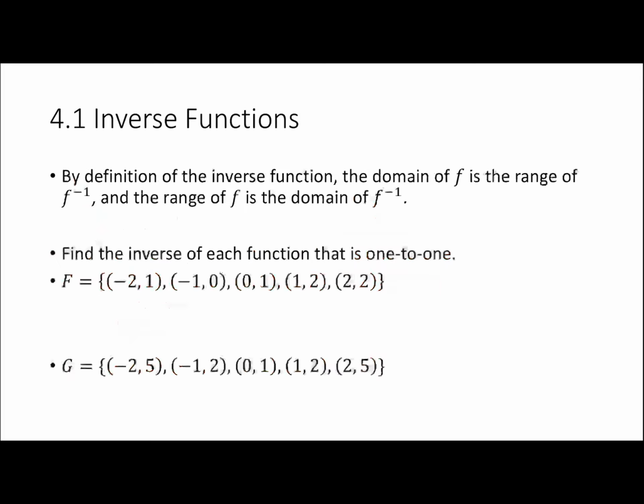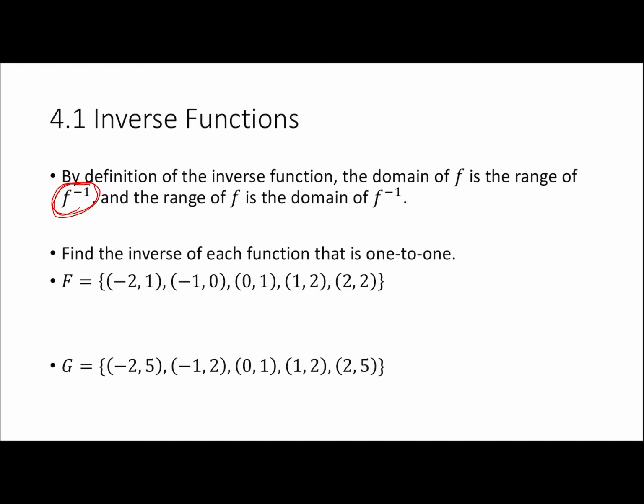All right, so as we continue to talk about inverses, by definition, if functions are inverses, let me start there. The domain of function f is the range of f inverse. So we call this notation f inverse. Okay, that is not f to the negative first power.